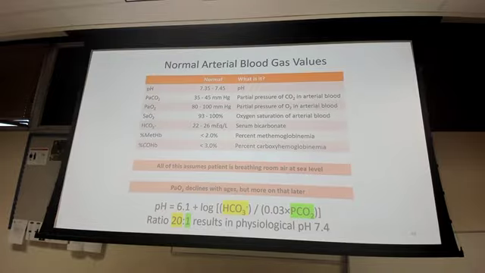All right, so here are the normal arterial blood gas values. So remember, I'm gonna provide you with those reference ranges, but know what they are, right? So we already know pH. That PaCO2 is that partial pressure of CO2 in the arterial blood. Then we have the partial pressure of O2. SaO2 is the oxygen saturation.